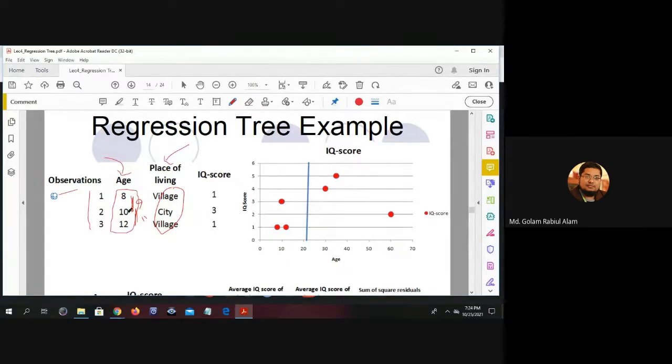So the next step is to find the average of consecutive two numbers. So consecutive two ages. Consecutive two ages are 8 and 10. That means the average is 9. And the next consecutive two, 10 and 12, so the average will be 11.